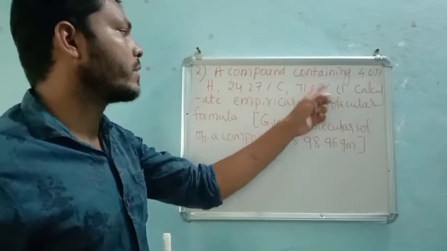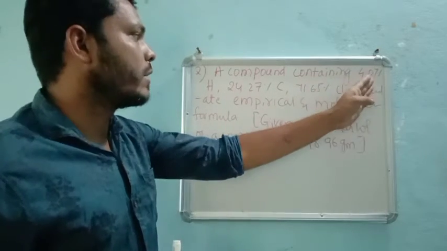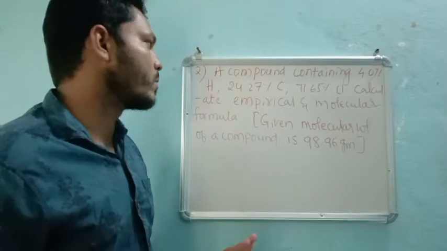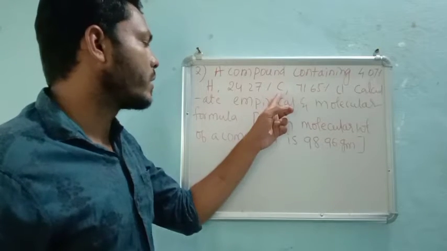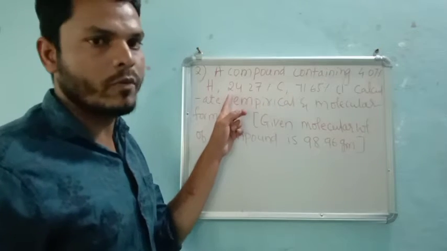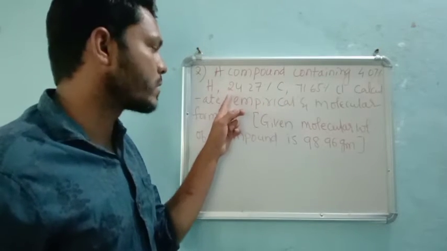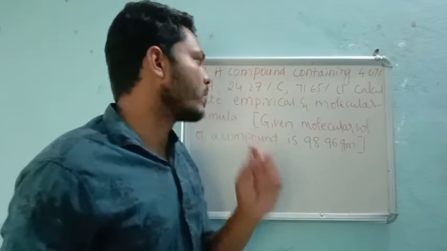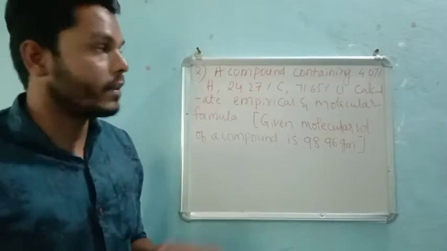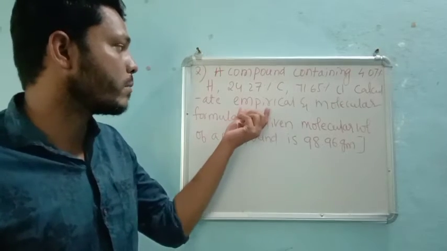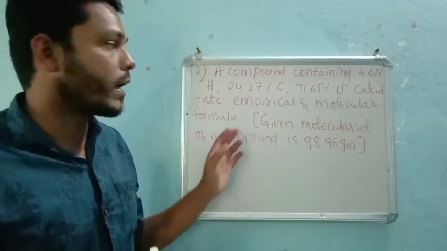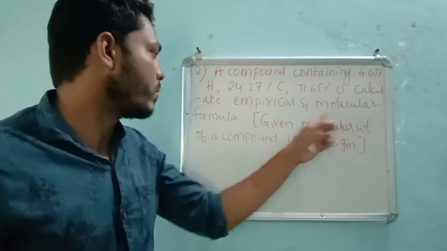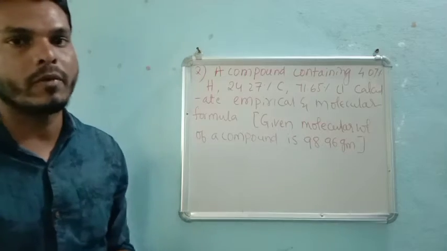It is an organic compound again, and in that organic compound the hydrogen percentage is 4.07%, carbon is 24.27%, and chlorine is present at 71.65%. In the last class, the problem asked only about the empirical formula, but now we need to calculate both the molecular formula as well as the empirical formula.